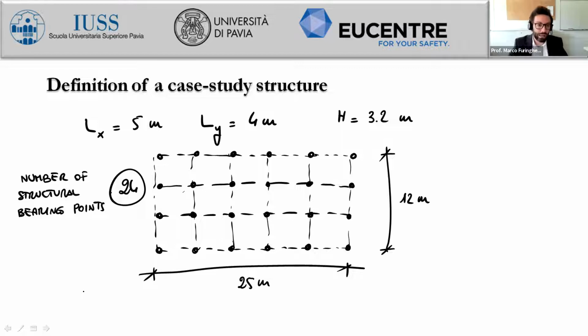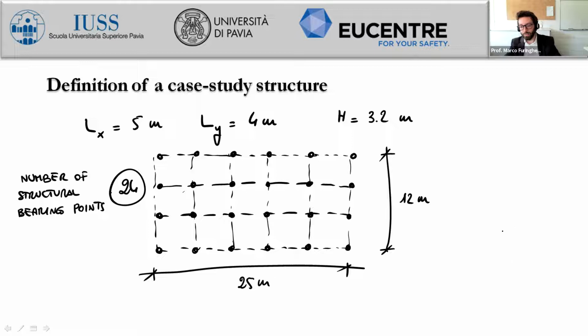For instance, in Progetto Case, there is a reinforced concrete slab for generally 3-story buildings, and the thickness of that slab is half a meter, exactly like this building that we are designing now.